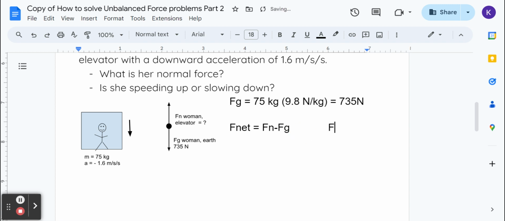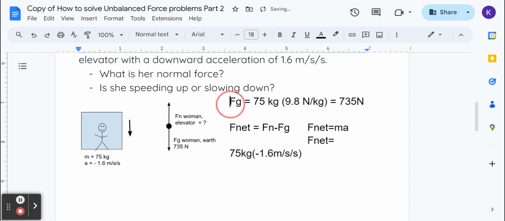But the other net force equation that's always available to me is Newton's second law, F net equals ma. So that's where I'm going to start in this problem. I know the mass is 75 kilograms, and I was given the acceleration, negative 1.6 meters per second per second.